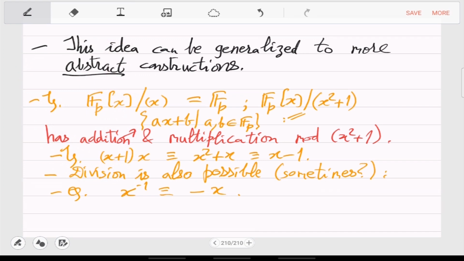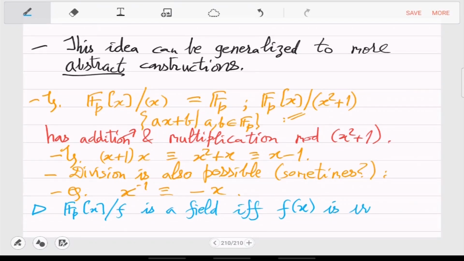When you realize that, you become intelligent, that now the same concepts can be generalized. So Fp[x] mod f is a field if and only if f(x) is irreducible in Fp[x].